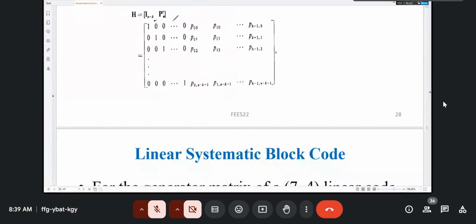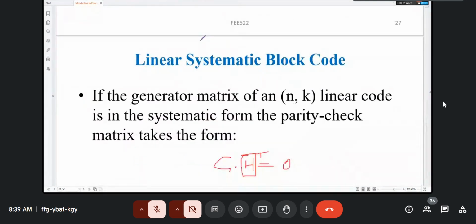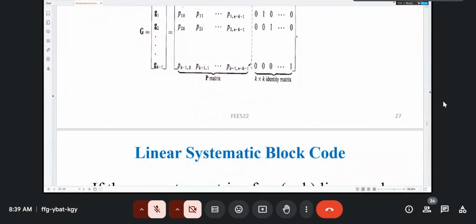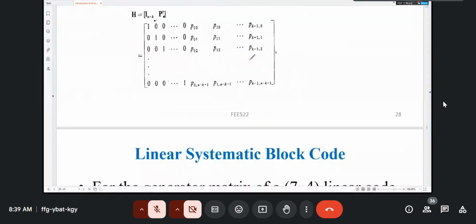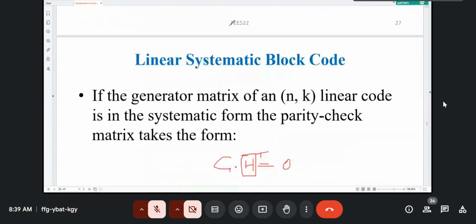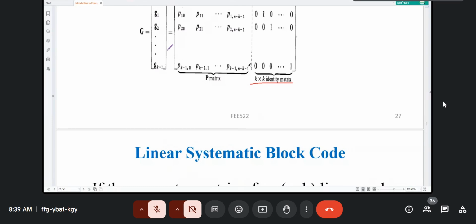Now you have to be very careful. If the identity matrix is on the right in G, then this n minus k by n minus k identity matrix must be on the left in H, and vice versa. If you had used the identity matrix on the left, your code word starts with the message bits.